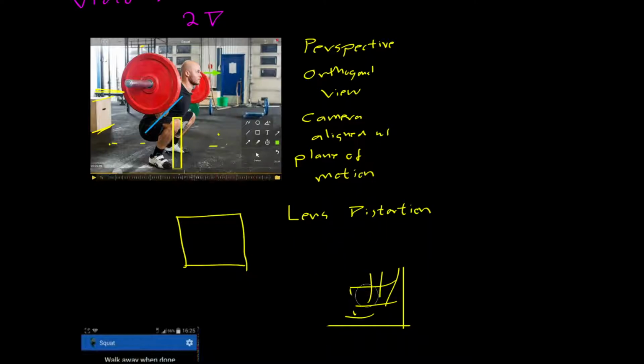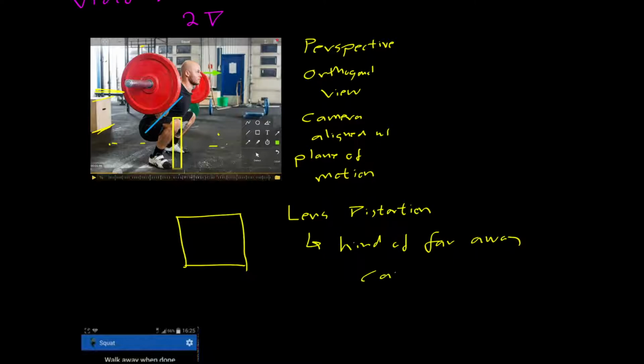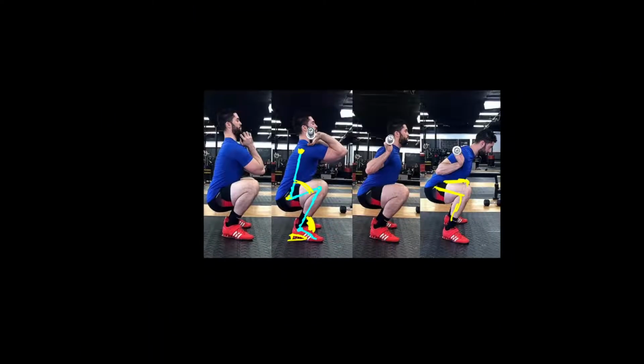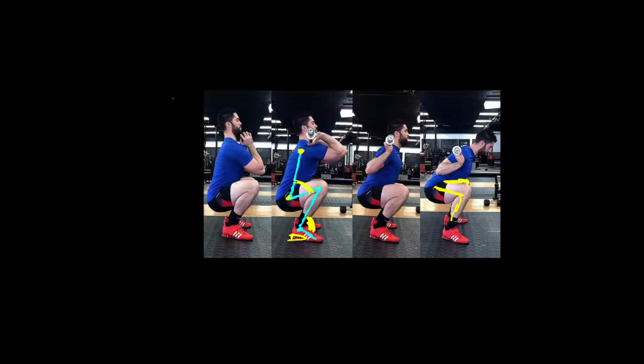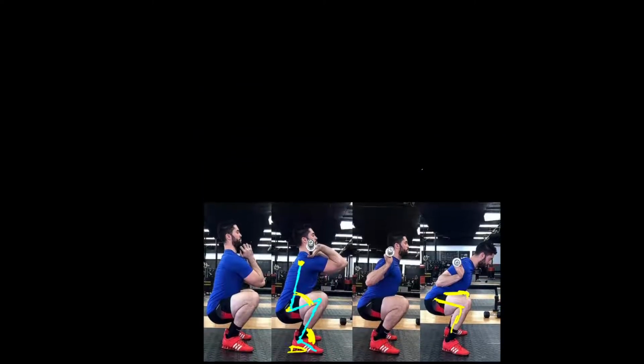The trick for this is just back up, have your camera further away. You want the camera kind of far. This is less of an issue than the perspective stuff, but I wanted to mention it. Again, this is a great example. You could load this into, say, Kinovea and do some joint angle orientation stuff, and it would work out great.